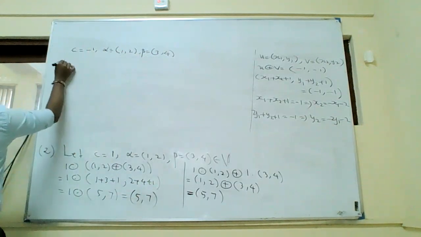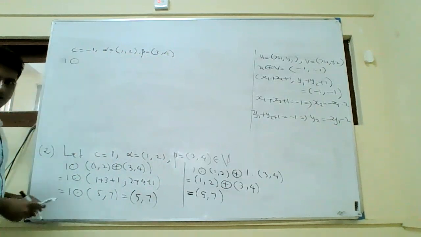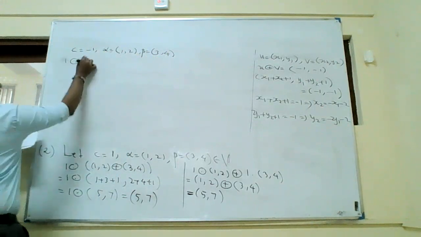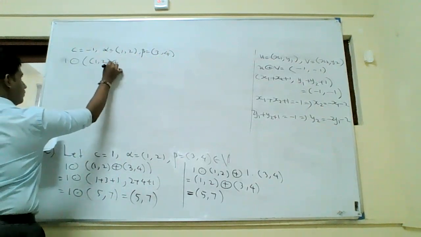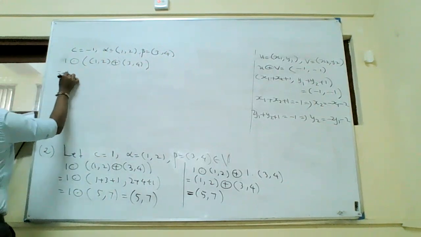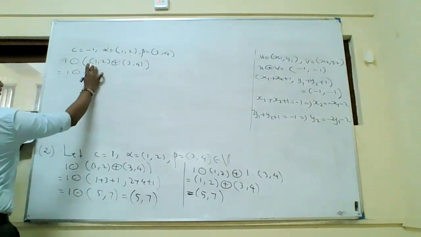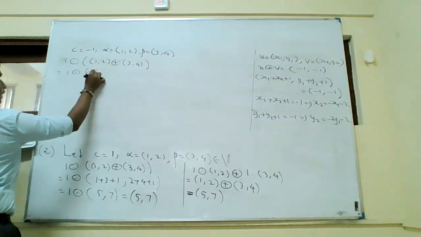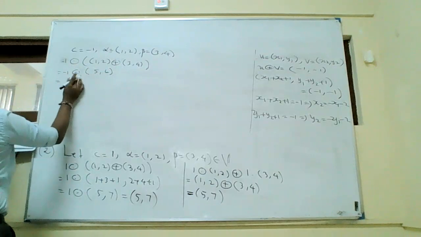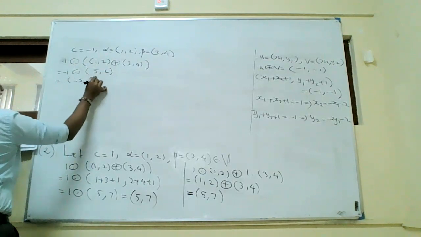So (1, 2) plus (3, 4) gives (4, 6), plus 1 is (5, 7). So this is minus 5, minus 6.